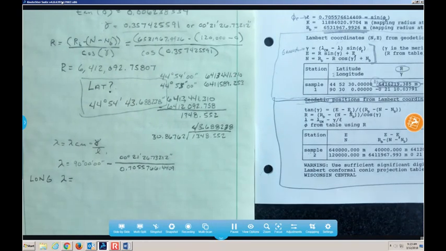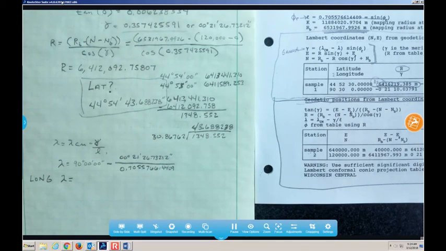So what do we have for our gamma, which is also our longitude? What do you get?